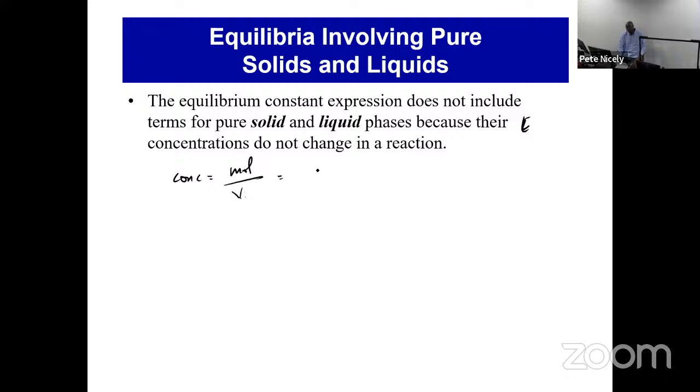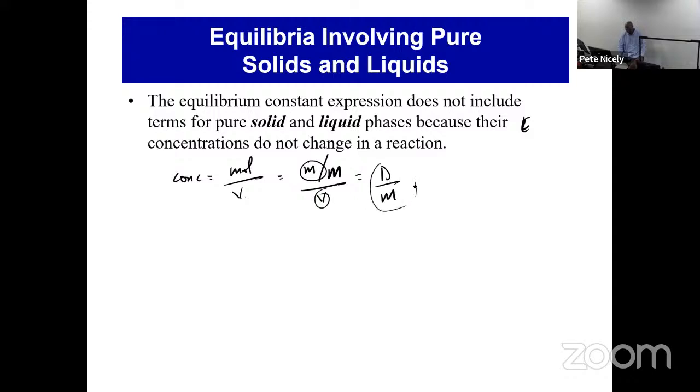Now, the thing about moles is that moles can be expressed as mass in grams, I'm going to use lowercase m for that, divided by the molar mass, I'm going to use uppercase M for that, divided by V, all right? Now, m over V is going to be equal to the density. So we can rewrite this as density over molar mass.